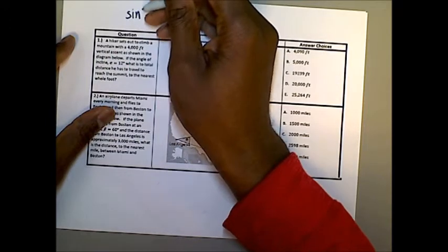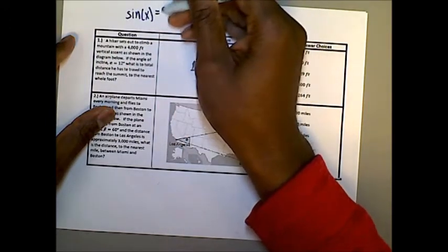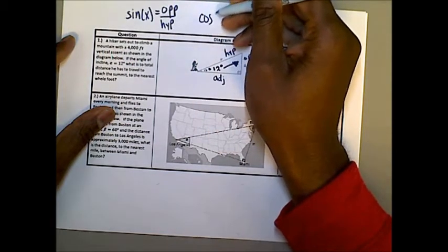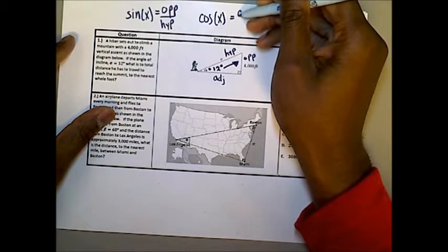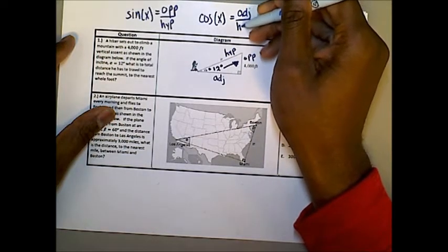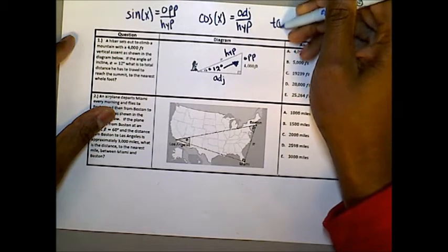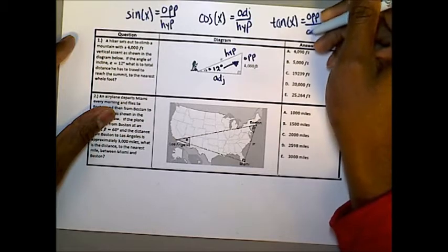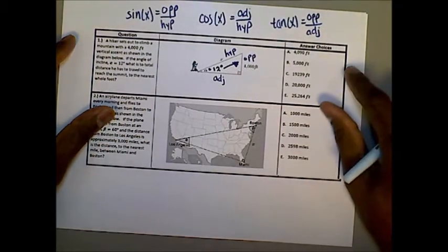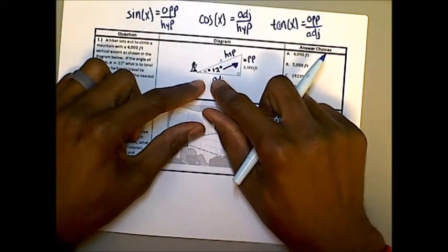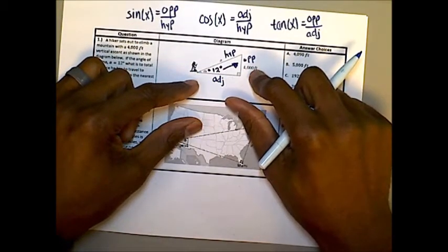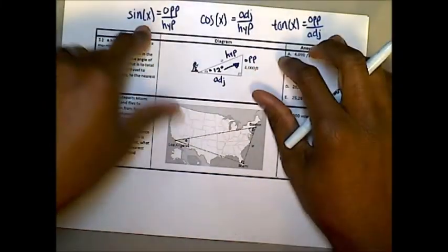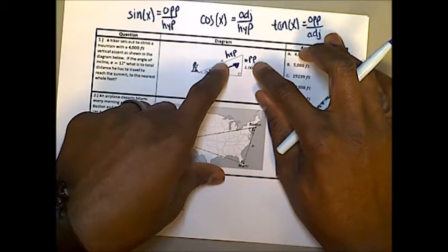The sine of x, remember x is just any angle, is opposite over hypotenuse, while cosine of any angle x is adjacent over hypotenuse, and tangent of any angle x is opposite over adjacent.